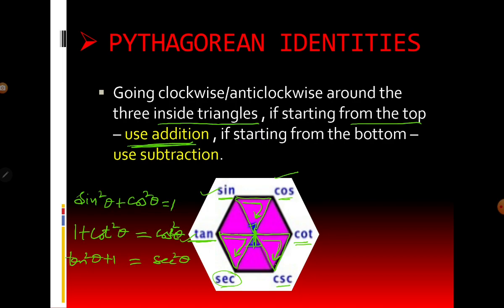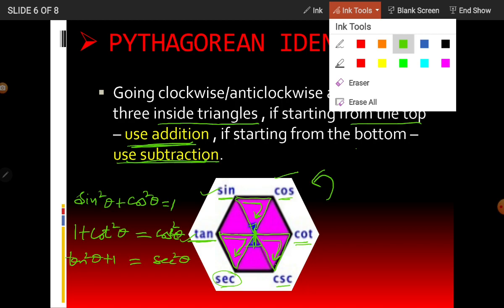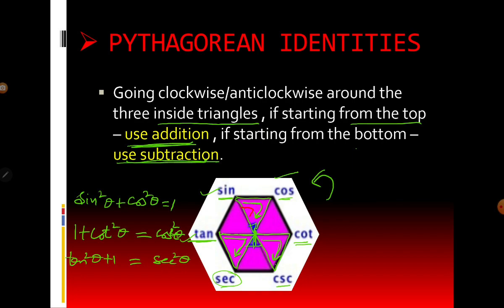Now I am taking my arrow in upward direction. If starting from the bottom, we'll use subtraction. I'll change my direction, so now I am taking the arrow this way.